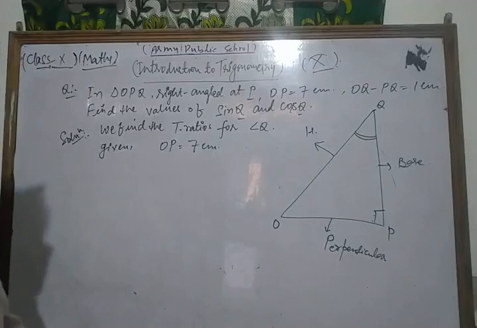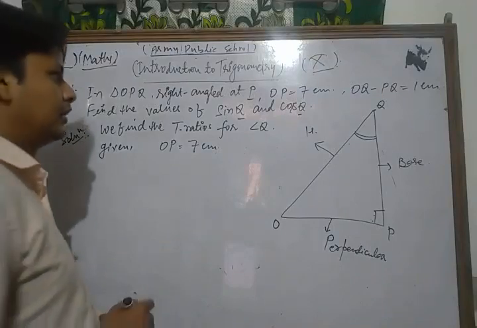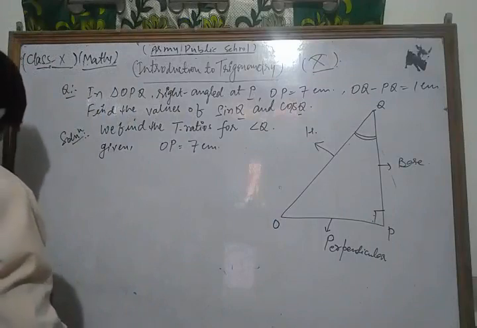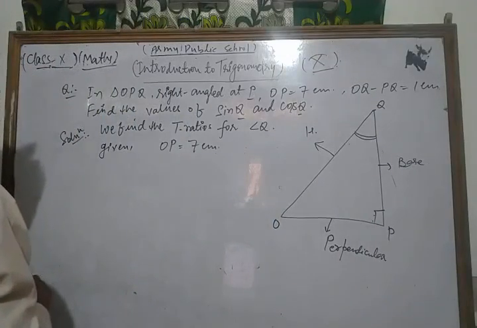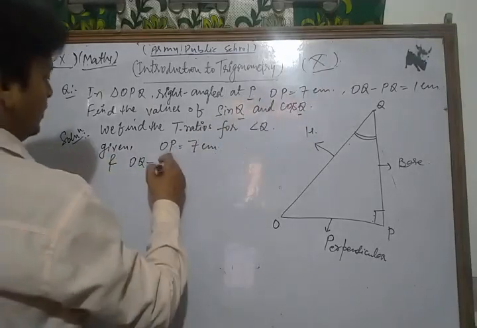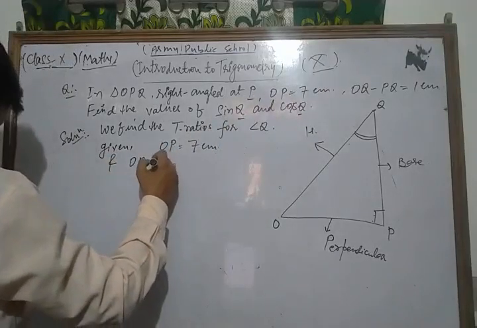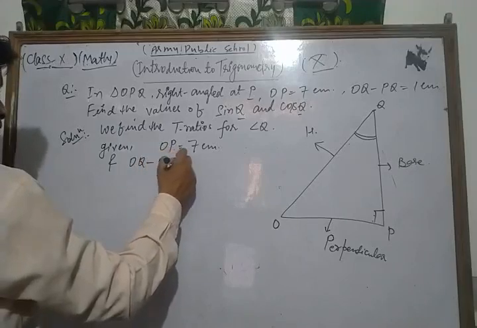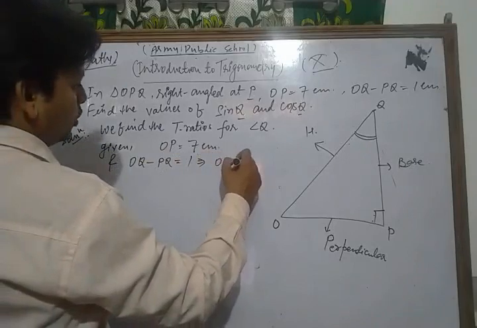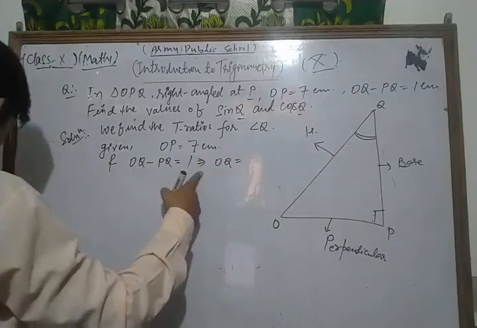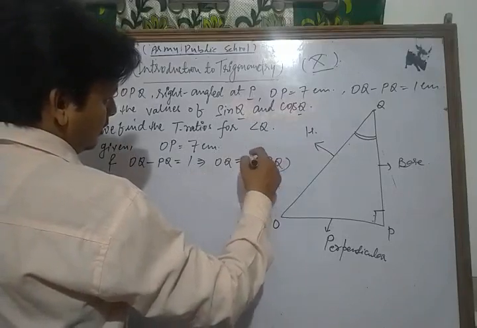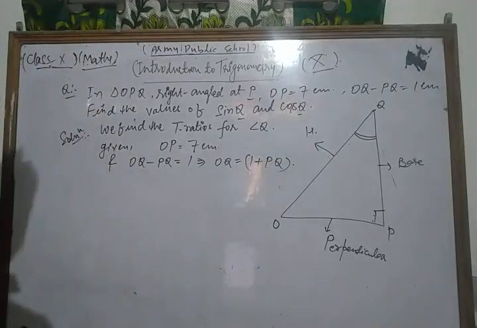And a very important relation given is OQ minus PQ is equal to 1. That is, we can write OQ is equal to 1 plus PQ, transferring PQ to the other side.